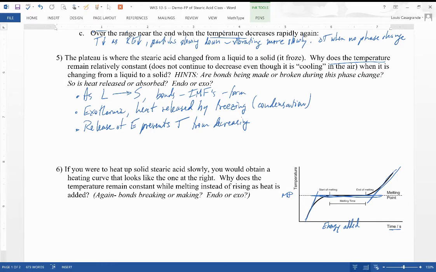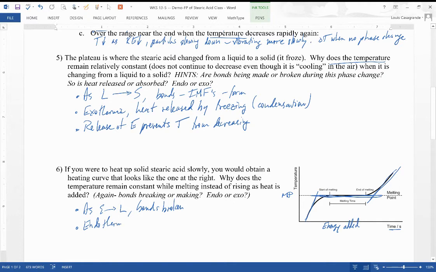So why does the temperature remain constant here as above? In the opposite argument, as we go from a solid to a liquid, bonds are broken. And breaking bonds is endothermic. You've got to put energy in to break apart the bonds.